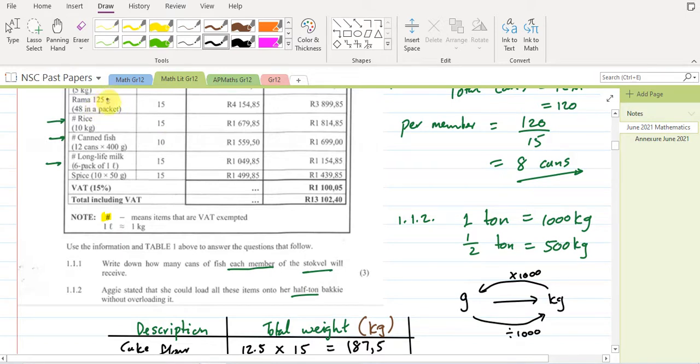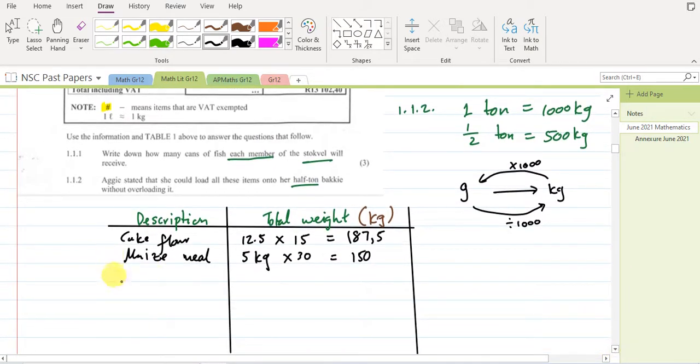So rama is 125 grams, and there are 48 in a pack, so 125 divided by 1,000, right? So you should get 0,125 times 48. So we'll write it like this. Let's just write rama here.